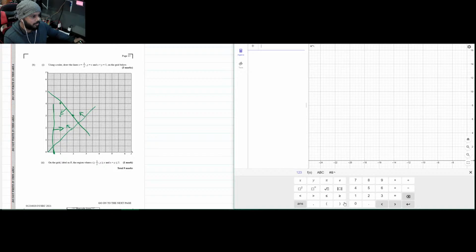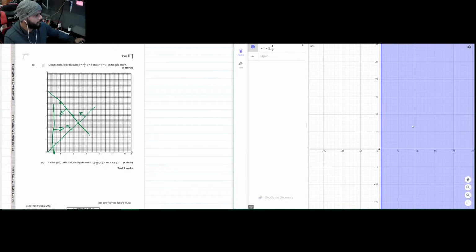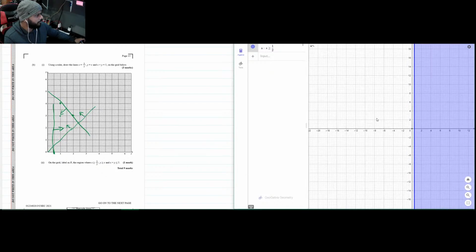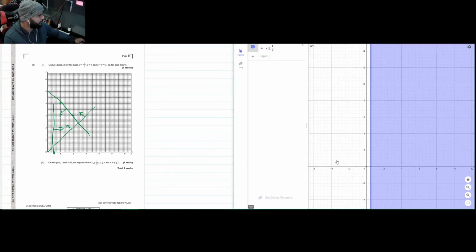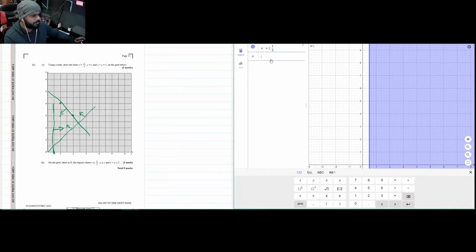X is greater than or equal to a half. That's all the points to the right of that. Next, y is greater than or equal to x. Right, all the points above that line.